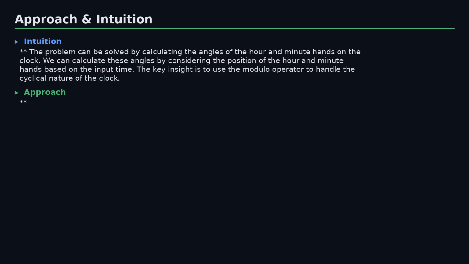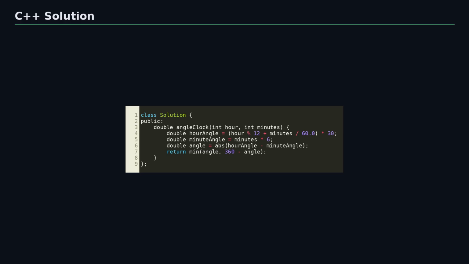We can do this by taking into account the current hour and the fraction of the hour that has passed, which is given by the number of minutes divided by 60. Once we have the positions of both hands, we can calculate the angle between them by finding the absolute difference between their positions.